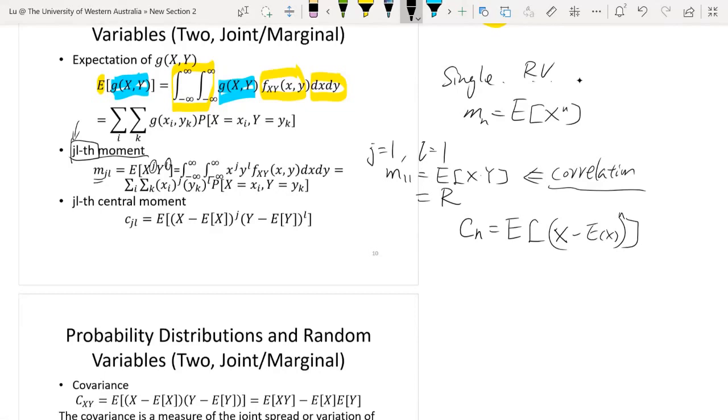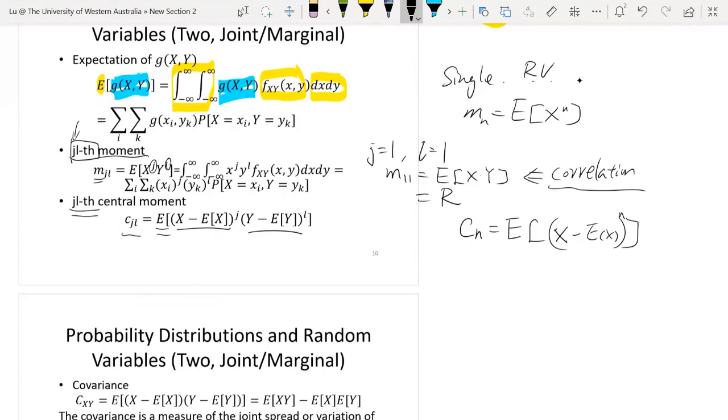And in this week, for the two random variables case, we are defining the JL's central moment. The idea remains the same, but you can see the JL's central moment is equal to the expectation of an expression, because you have two random variables, so you have two terms. First term for x, second term for y.